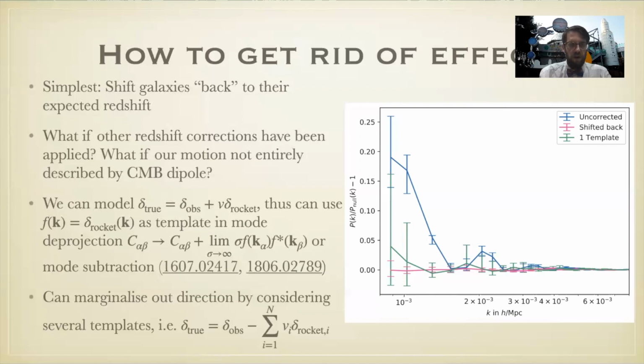In this way, one can also marginalize over direction by using an orthogonal set of templates with different varying amplitudes. Doing so, we find the green line that is also consistent with the null spectrum, just with larger errors that account for our possible ignorance of the dipole amplitude.